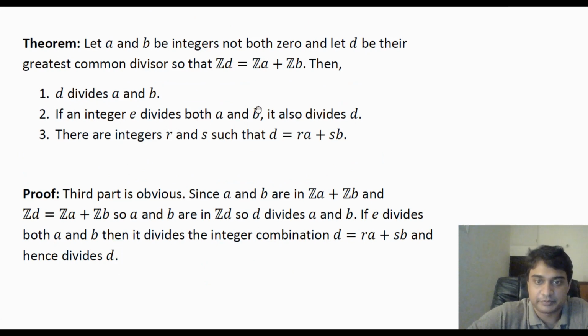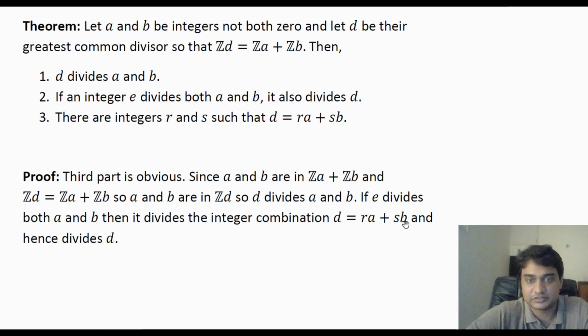If E divides both A and B, then we consider this combination RA plus SB, and D equals RA plus SB, because we have already proved the third property that the greatest common divisor D can be written as an integer combination of A and B. If E divides both A and B, then it must divide this linear combination, because E divides A means A can be written as an integer multiple of E, and B can also be written as an integer multiple of E. So this whole thing can be written as an integer multiple of E. Therefore E divides D. And we have proved the second property.